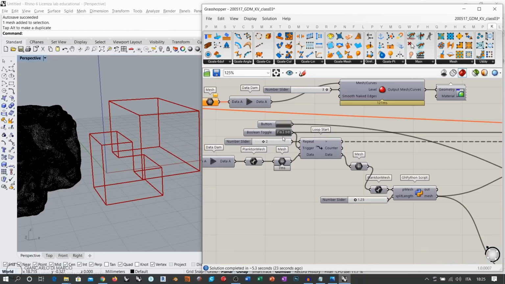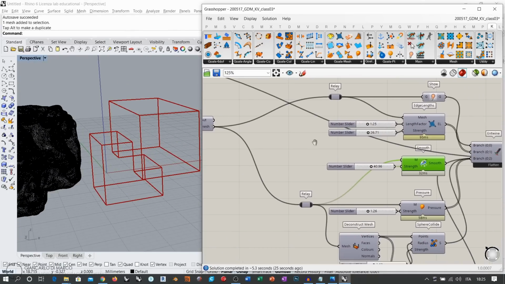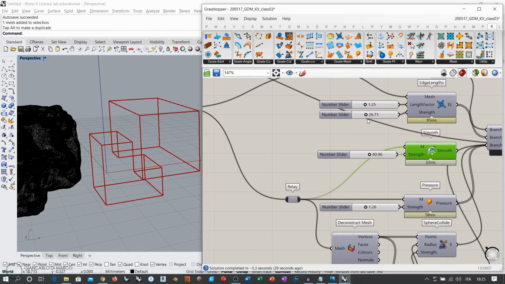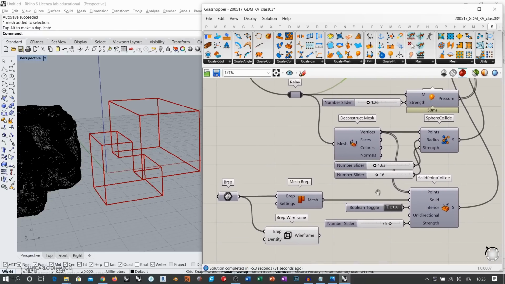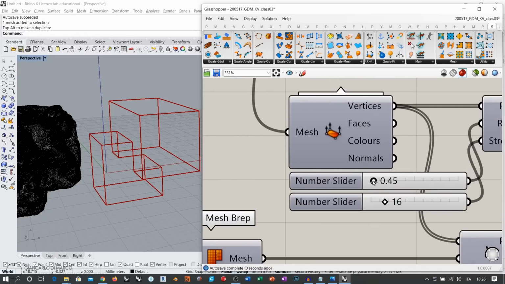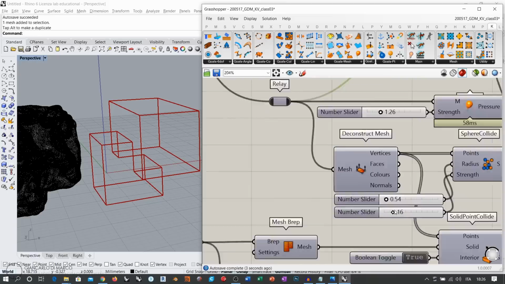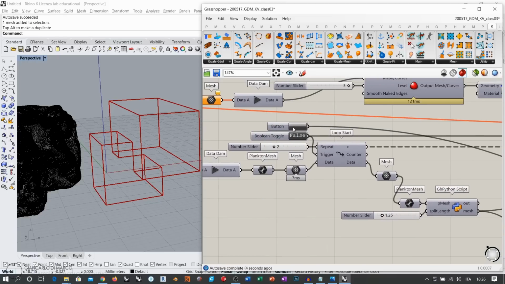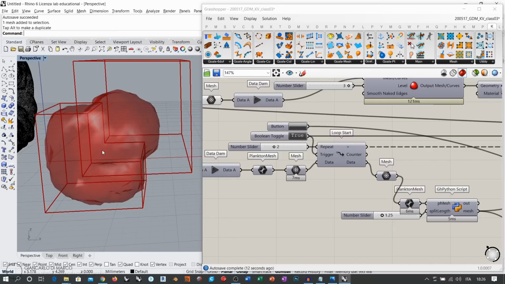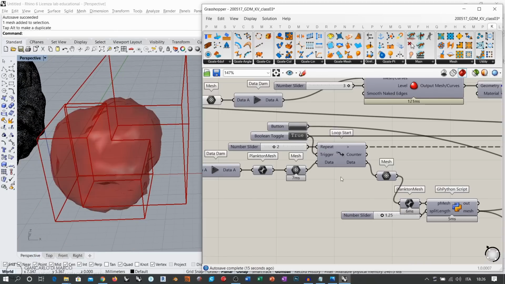Okay, so if you see that kind of behavior, it's because of this. I would say that we need to decrease a little the sphere point collide. Okay, this was the value that was affecting this growth way too much. And so we have this object, you see it's growing, and it's also looking a little smoother than before.